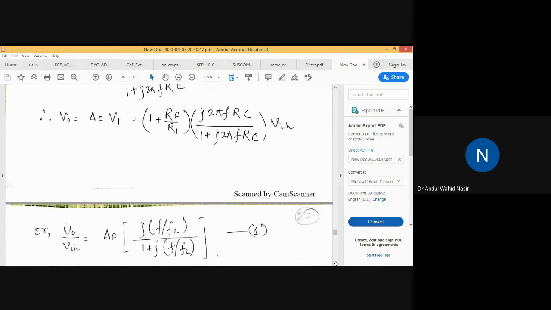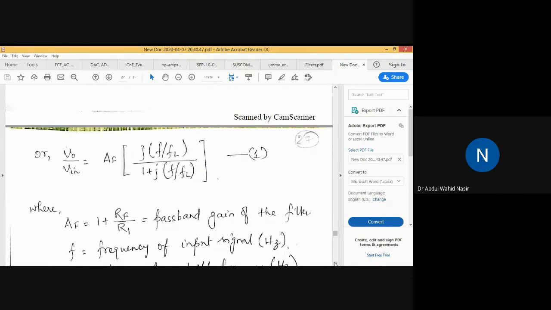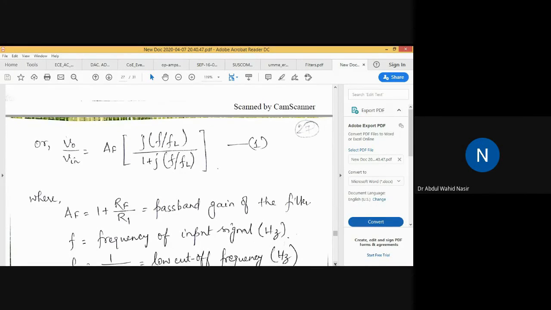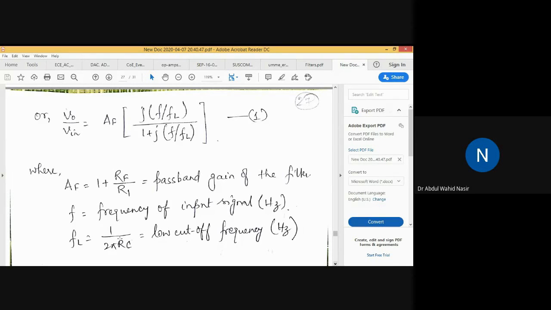Now from there we can get Vo by Vin. If you simplify, Vo by Vin is equal to AF in brackets into j f by fL divided by 1 plus j f by fL. Now what is fL? fL is nothing but the low cutoff frequency, that is 1 by 2 pi RC.